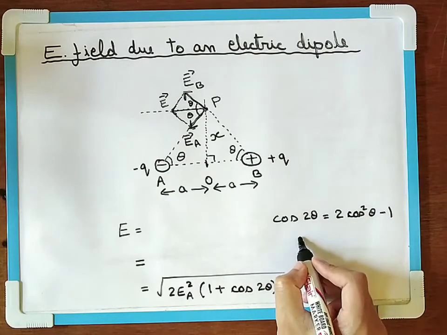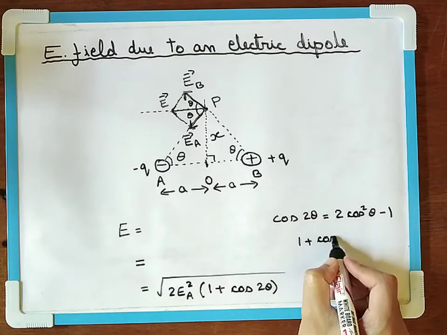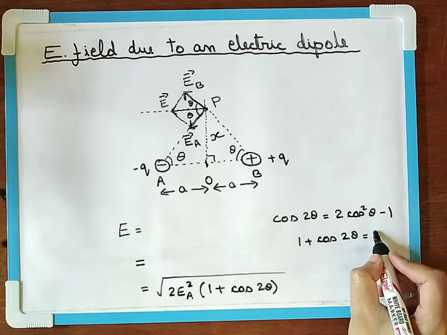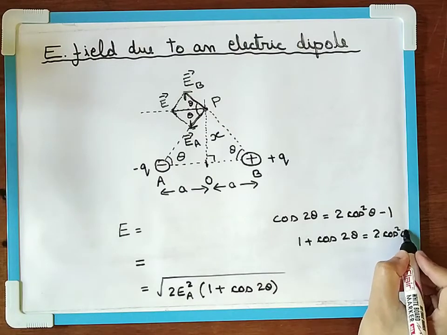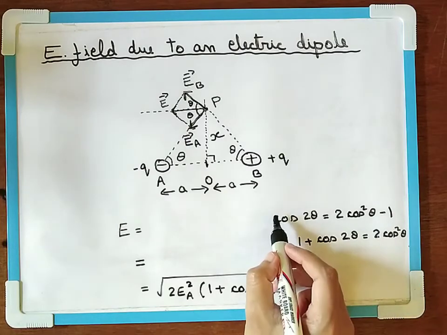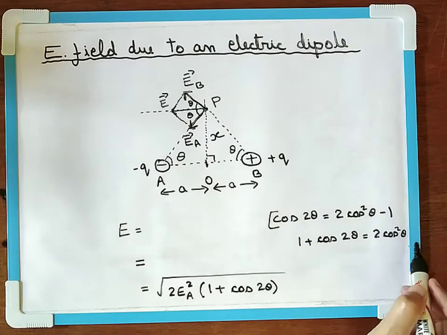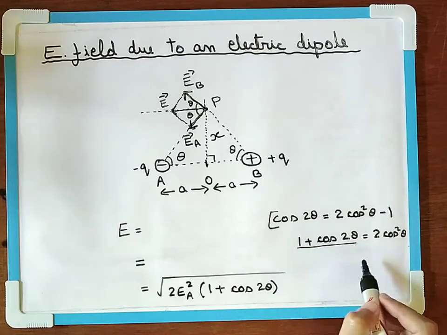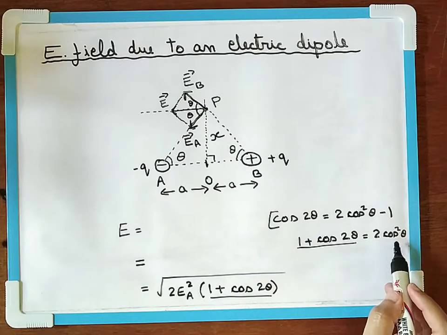So 1 plus cos 2 theta is equal to 2 cos square theta.